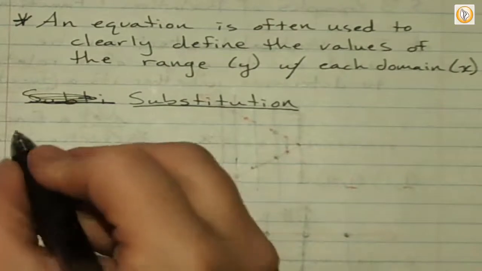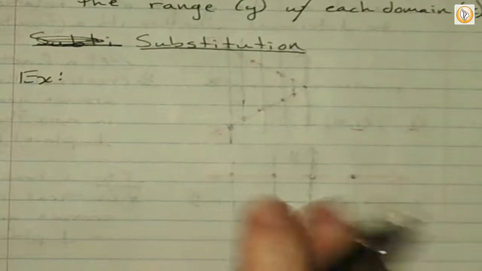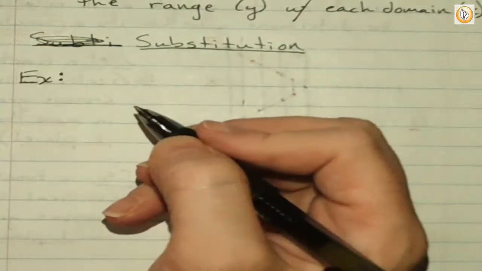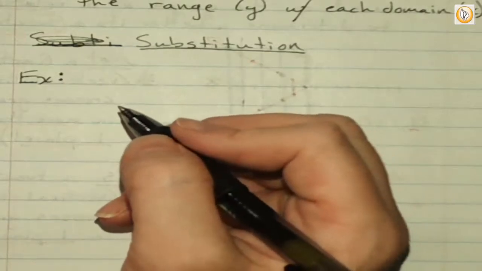All right, here we go. Example. Now you need to write this down just like I have it written, nice and neat, so that I can explain it, because you're going to see stuff like this and you're going to be like, I don't even know what to do here.